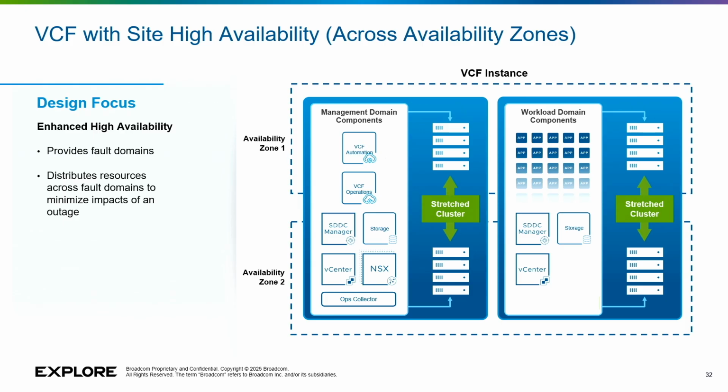So in the second design, we're talking about the design that has site high availability, which includes the configuration of stretch clusters under the covers. This gives you protection against the failure of a single fault domain.